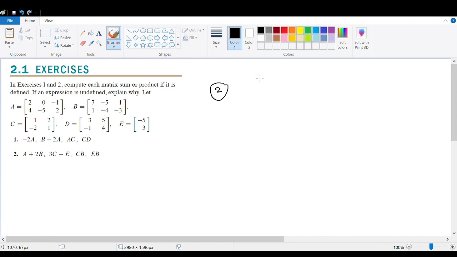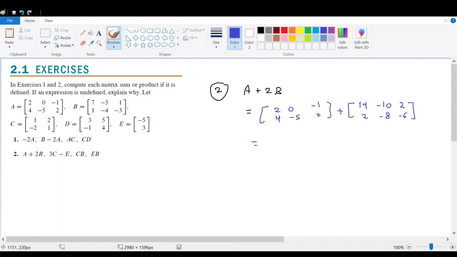So the first one is A plus 2B. That means it is equal to the matrix A, 2, 4, 0, minus 5, minus 1, 2, plus 2B. We need to multiply each entry in B by 2. So this is 14, minus 10, 2, 2, minus 8, minus 6.